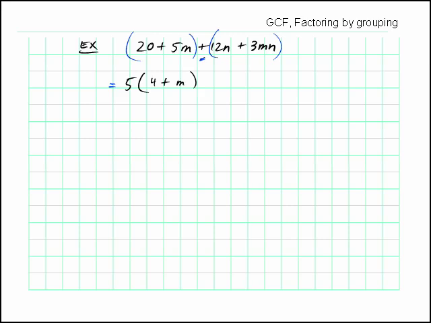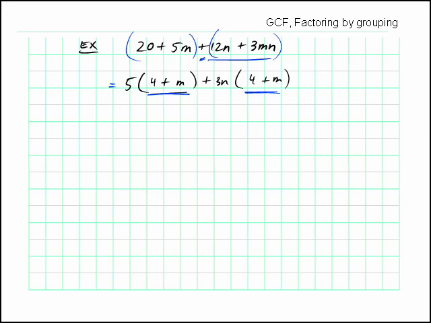Out of the second group, I could factor out of here, I could factor out a what? A 3 and an n. 3n will come out of there. And if I do that, I will have left a 4 plus m. Okay. Now these terms are identical, and that's what you want here.